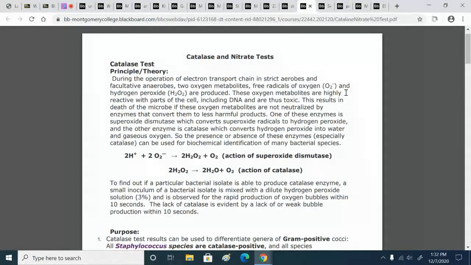What other enzyme breaks down hydrogen peroxide? Peroxidase. Right, peroxidase. So they could have that other enzyme, but we can't tell because the end product is water.